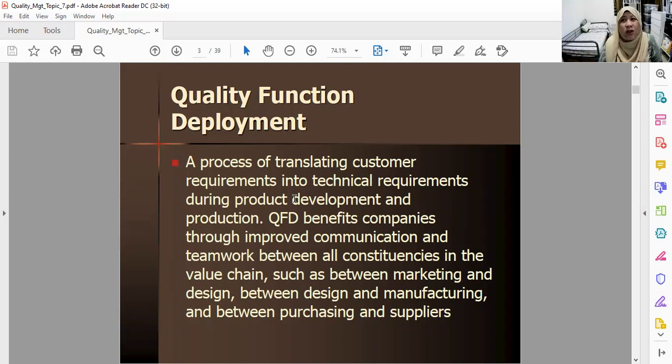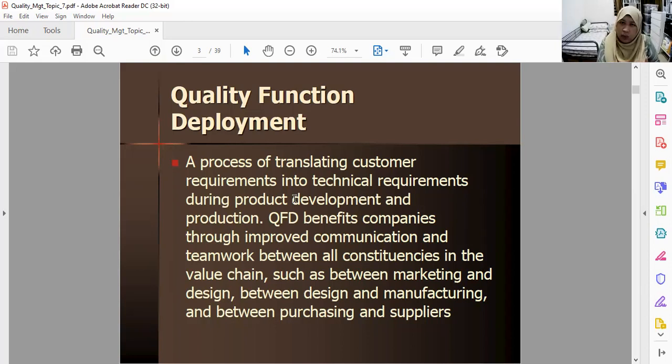QFD benefits the company through improved communication and teamwork between all the constituencies in the value chain, such as marketing. Marketing is the front line, the customer service, the department that liaises and deals with the customer.